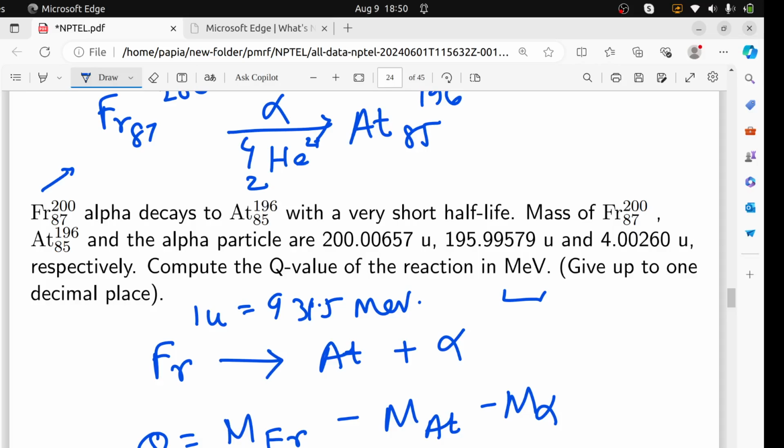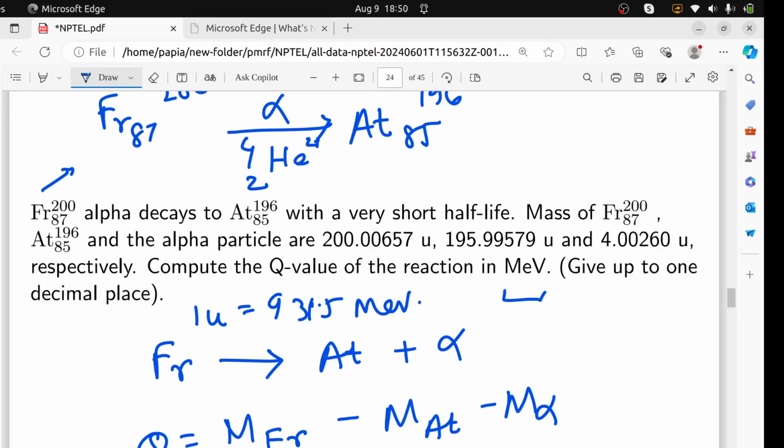There is no electron outside of that alpha particle, so for the alpha particle it is fine. But if the mass of francium is just given as mass, there is not that much clear information whether it is the atomic mass or the nuclear mass. If it is the nuclear mass, then whatever I have written here will be exactly correct. That means the nuclear mass of francium minus the nuclear mass of astatine minus the nuclear mass of alpha. That should be the Q value.